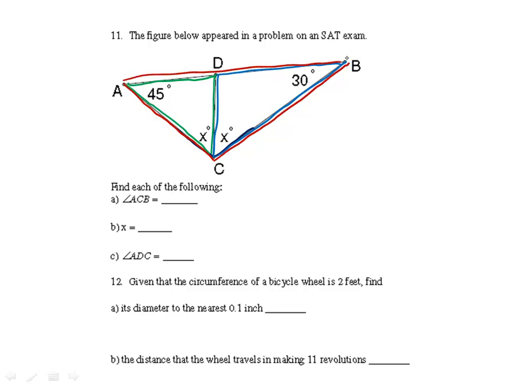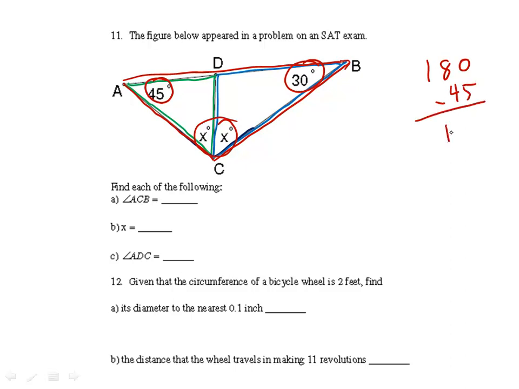Triangle angle sum theorem says that the three angles of a triangle will add up to 180. I know two of the angles of this large triangle I've outlined in red. One of them is 30, one of them is 45. And when I add this third angle in, they have to equal 180.